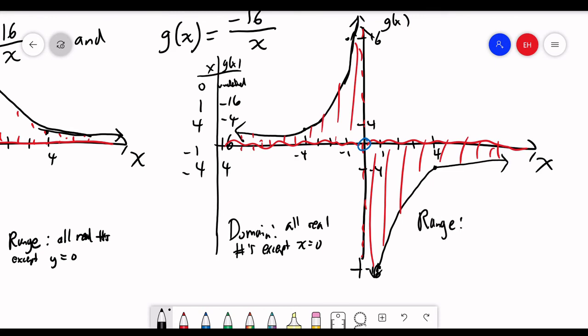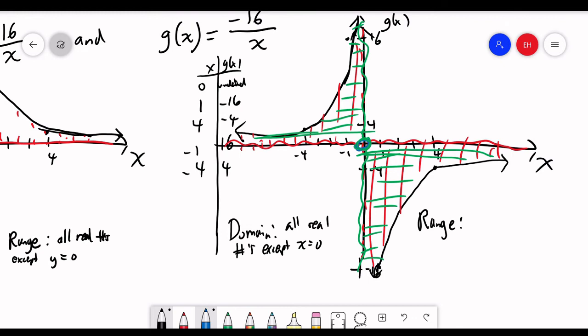And for the range, we are going to just imagine shooting into the y-axis or the outputs. So pew, pew, pew, pew, pew, fire away, and we cover everything except we aren't able to reach 0 for an output, so the range is going to be all real numbers except y equals 0.